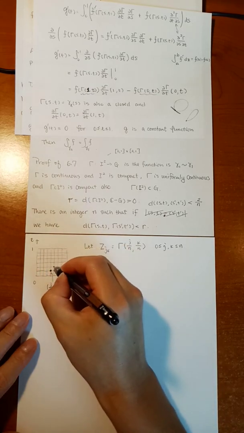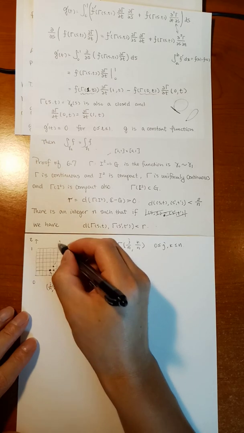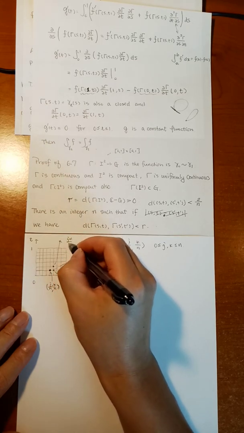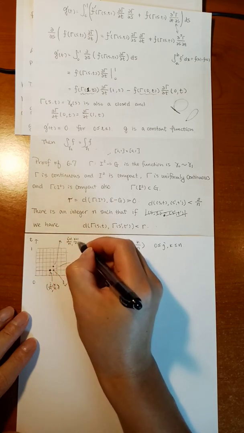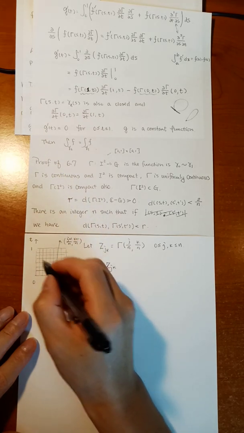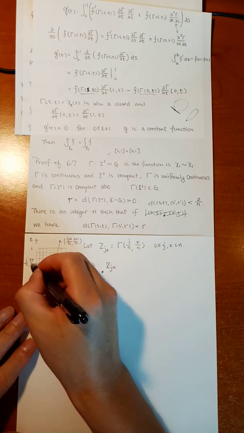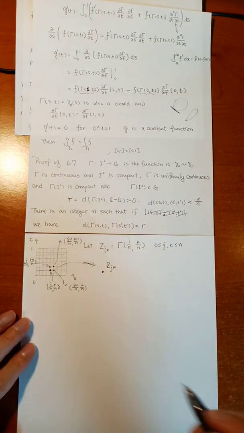And this point will be j plus 1, k plus 1, j plus 1 over n, k plus 1 over n. And this point will be j over n, k plus 1 over n.